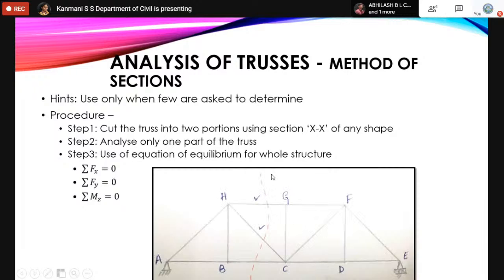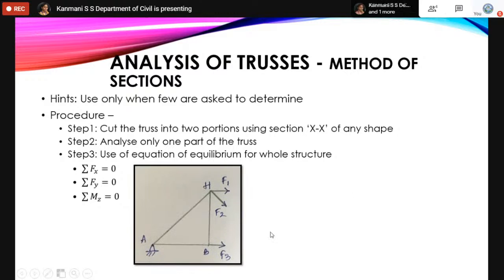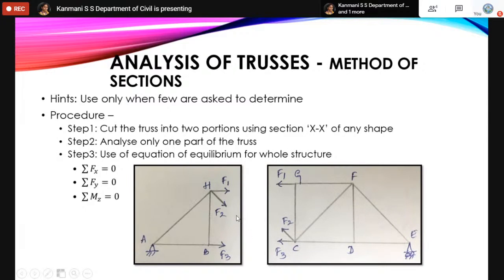See, along this red line, if I divide the section where I want the unknowns Hg and Hc, the section will be divided like this, where I have marked F1, F2, F3. We will get left hand side and right hand side portions. We can take either portion. Either you go with left or right, you will get the same answer because the system is in equilibrium.